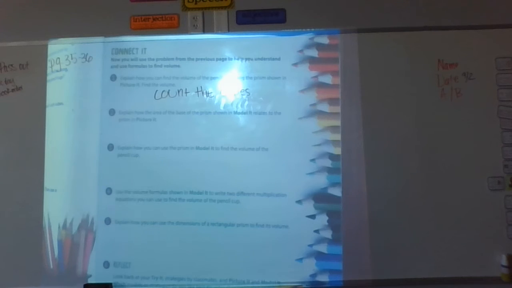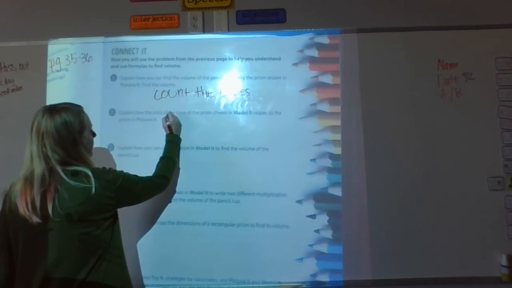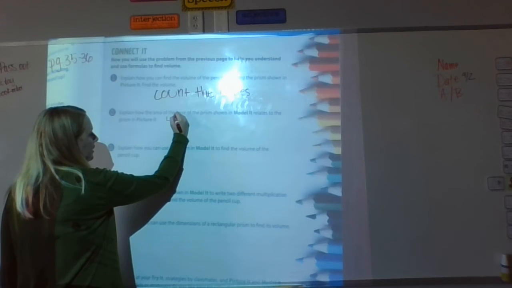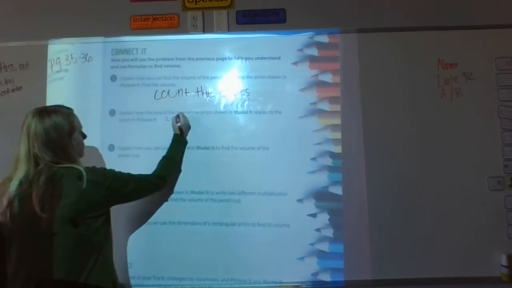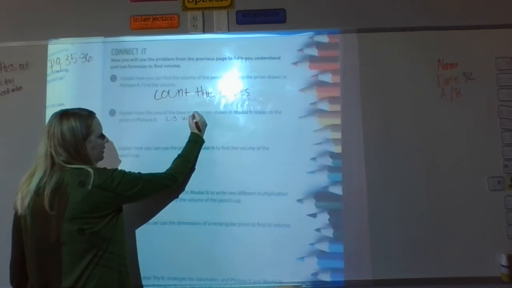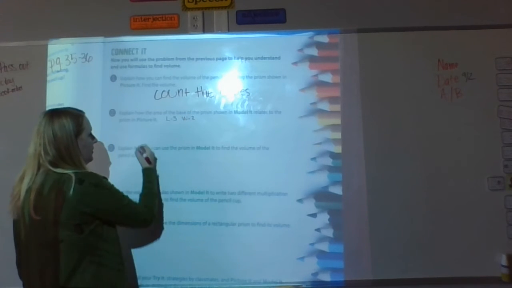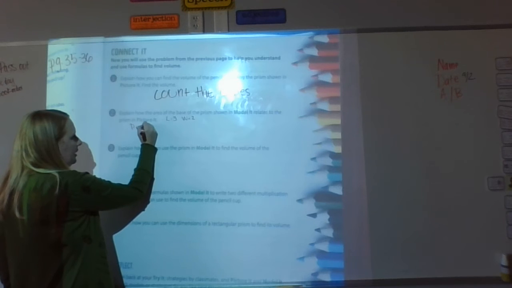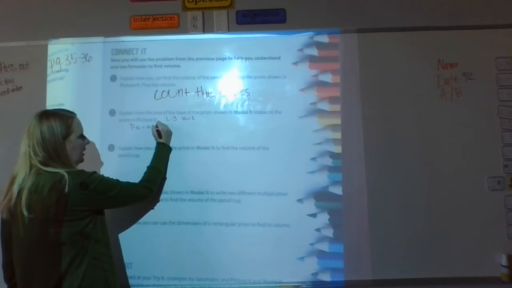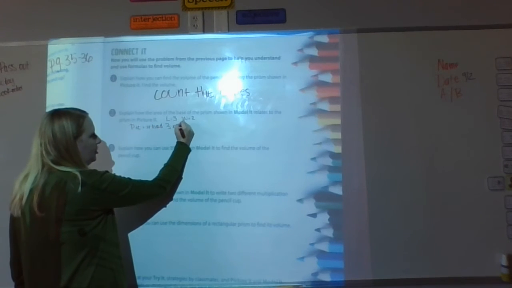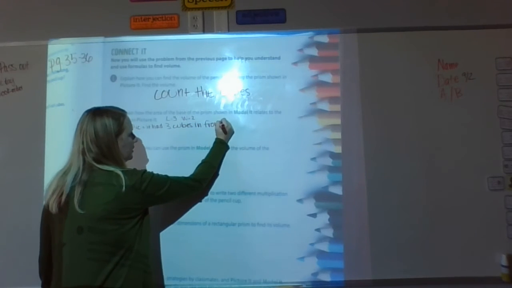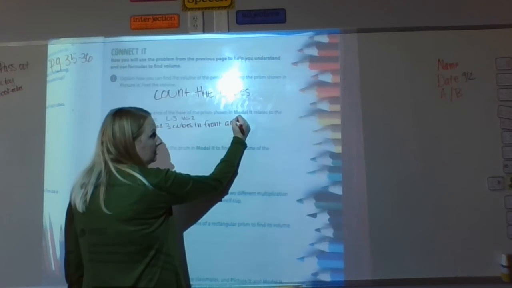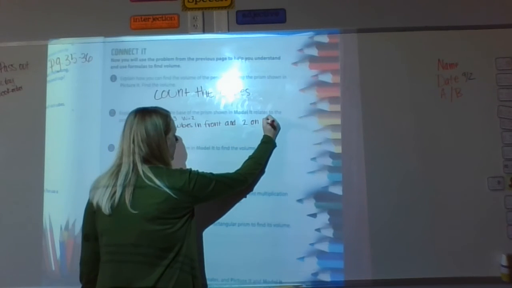In Model It, our length is 3 and our width is 2. In the Picture It, it had 3 cubes in front and 2 on the side.